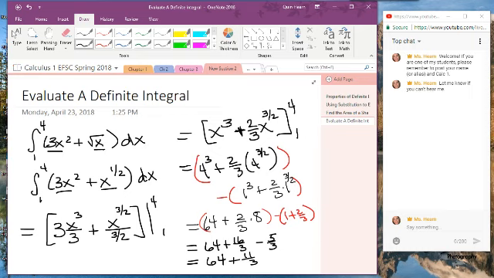It's going to be 203/3. Okay. And we're just going to leave our answer as an improper fraction.